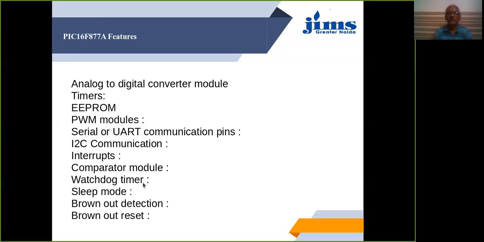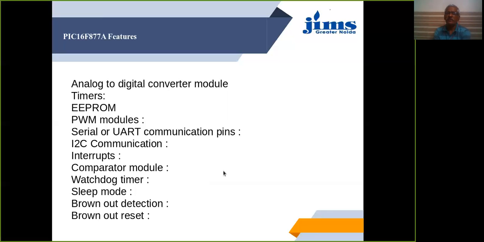The watchdog timer can be used for waking up the controller when it goes to sleep mode. Sleep mode is another very good facility wherein it saves the power that is being consumed by the controller. Then it can come out of the sleep mode as different types of signals or interrupts occur on different externally initiated signals.